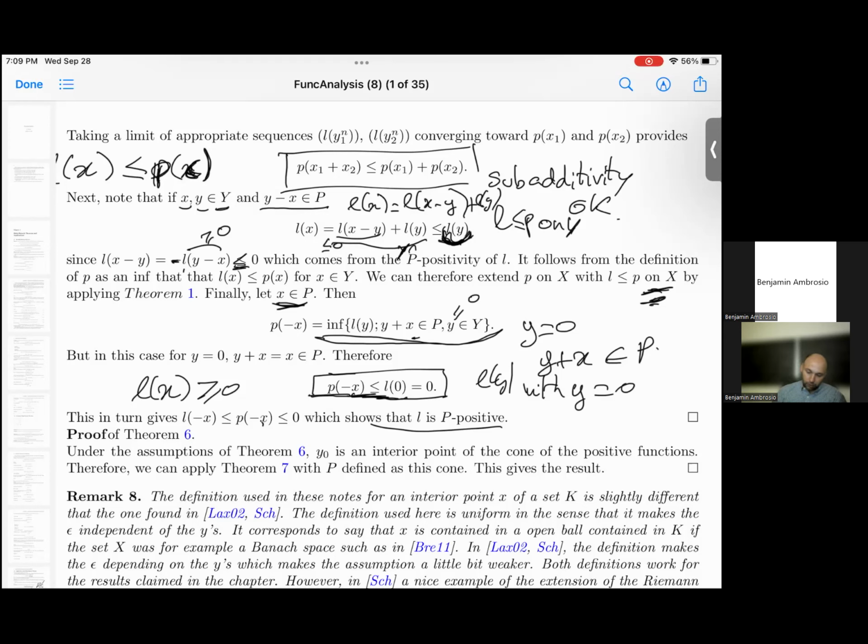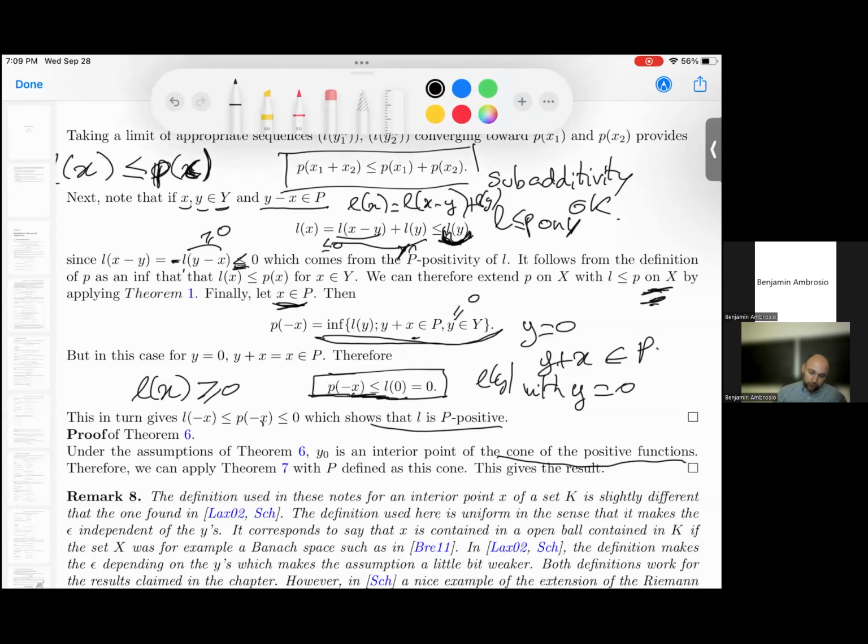You choose P as the cone of positive functions, and you can verify that y node, since the function y node is less than 1, is an interior point in this. And so therefore you can apply the theorem, and this gives the result.